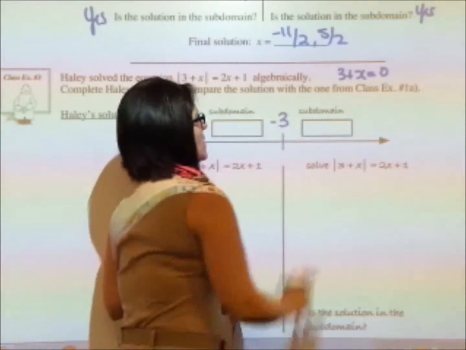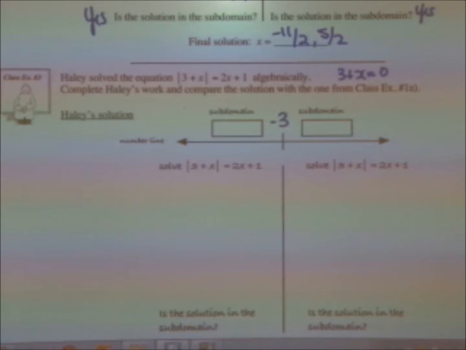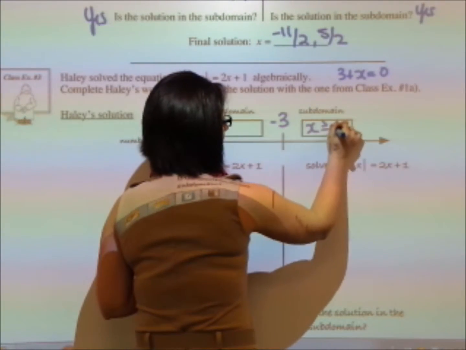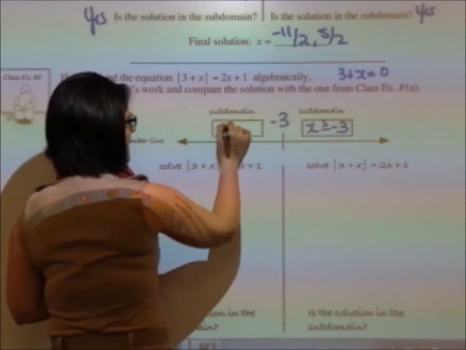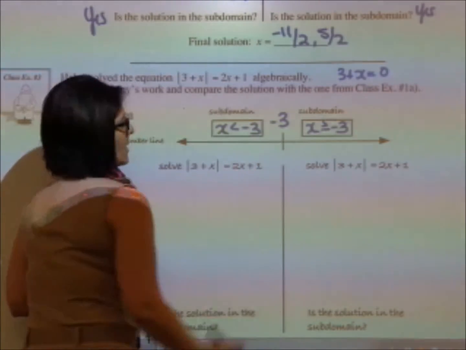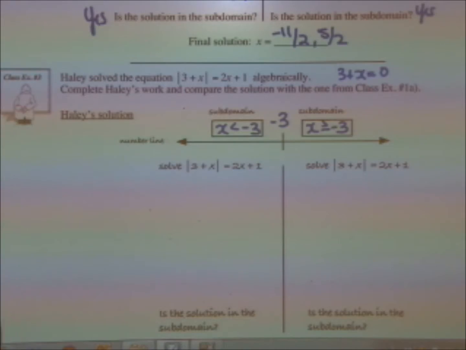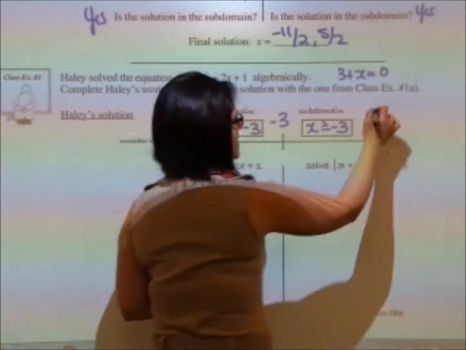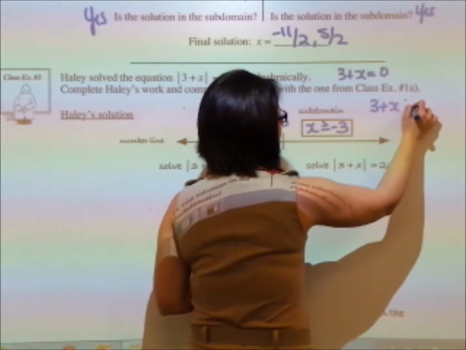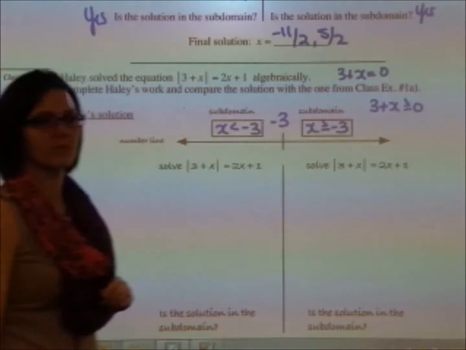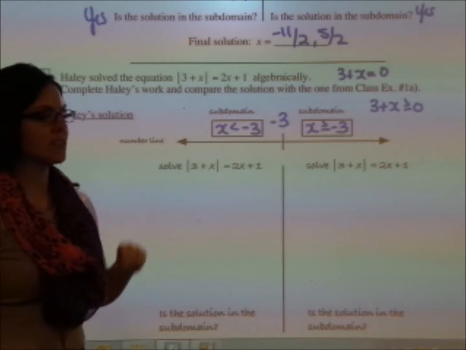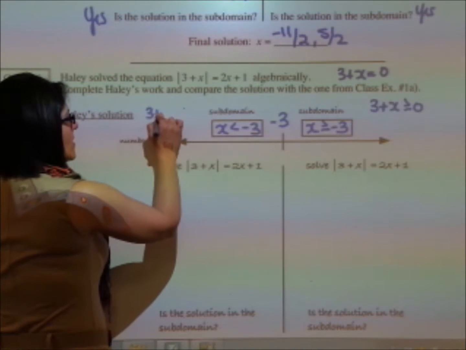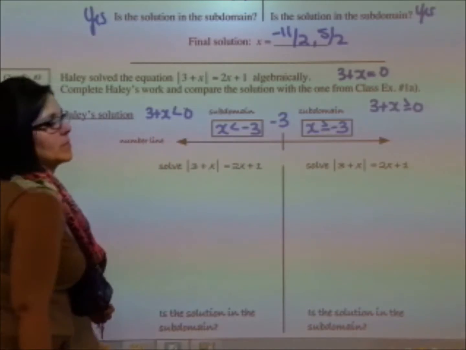So that's what goes in the middle. And then I have the part of the graph that would be greater than or equal to negative 3 and less than negative 3. So this part here, 3 plus x has to be greater than or equal to 0. And that's where I get x is greater than or equal to negative 3. And this side would be the piece where it's less than 0.